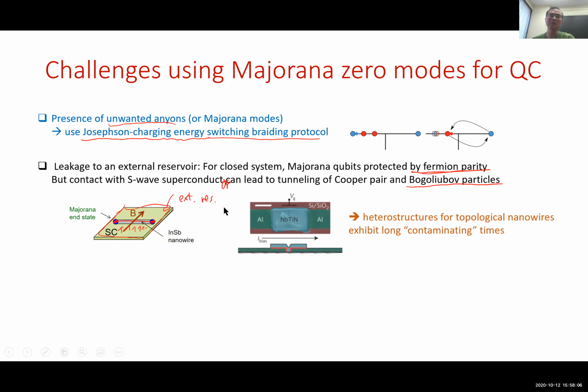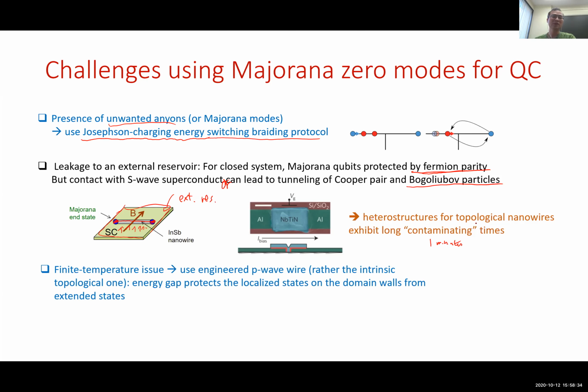However, there is some experimental progress that actually suppresses such events. They use heterostructures for topological nanowires, and they can demonstrate long coherence times of about 1 minute.